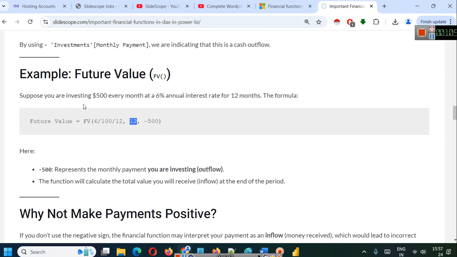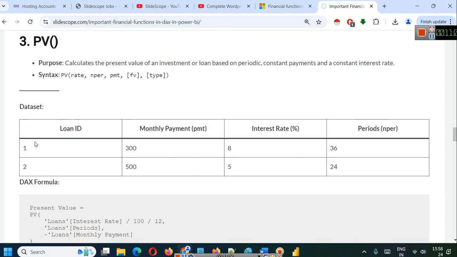So suppose you are investing $500 every month at 6% annual interest rate for 12 months. The formula is this, which we learned. In PV, again you have the same parameters: rate, nper, PMT, FV and type.